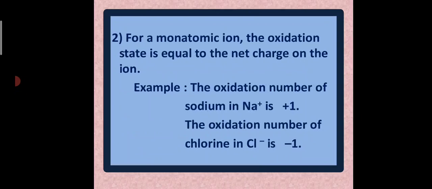The oxidation state is equal to the net charge, which means Na+ is 1 plus, lacking 1 electron, so the oxidation number of sodium will be +1. Cl- means minus represents excess of electrons, so 1 electron is in excess in chlorine, and the oxidation number of chlorine will be -1. Excess means we give minus. Is it clear? It is not like mathematics. If the electrons are fewer, we put plus. If the electrons are more, we use the negative symbol.